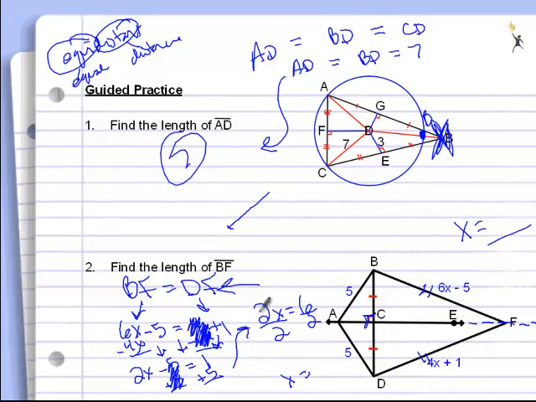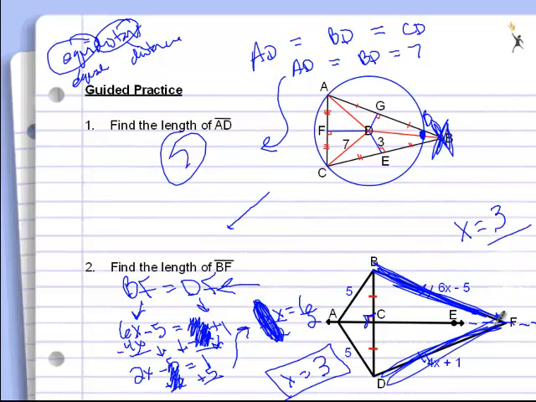That will cause this problem to undo itself, and the 2's will cancel out. And I'm left with x equals 6 divided by 2, which hopefully you can simplify to 3. I found out that if x equals 3, then this segment and this segment are the same.